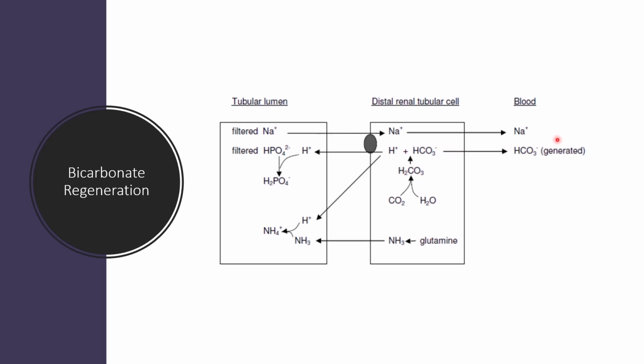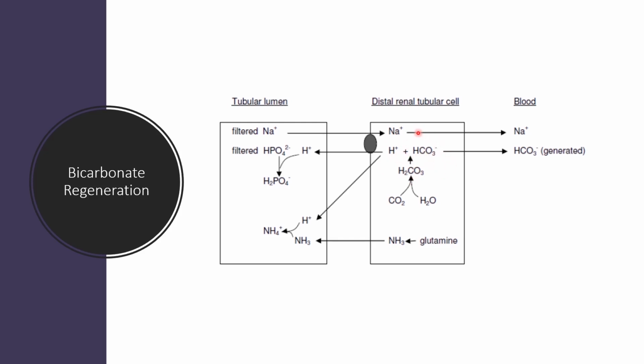Notice that there is no bicarbonate coming from glomerular filtration. This bicarbonate was synthesized ab initio from the renal tubular cells, from the cellular respiration of renal tubular cells. The carbon dioxide generated combined with water to form carbonic acid, which breaks down into bicarbonate and hydrogen ion.